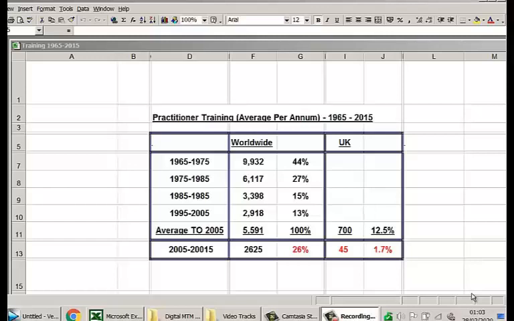This information is a summary of data recently published by the IMD. You can see that worldwide training has dropped by 74% in the 50 years since 1964, whereas in the UK, over the same 50-year period, training has dropped from an average of 700 per annum to 45 per annum, a drop of more than 90%.